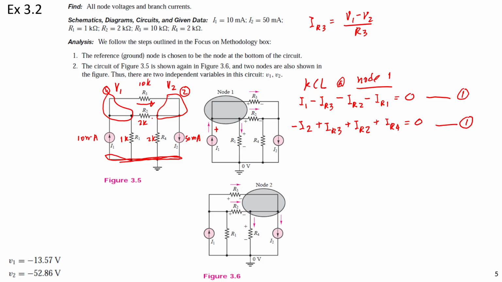Similarly, IR2 is V1 minus V2 divided by R2. And what is IR1? IR1 is V1 minus 0 divided by R1. Okay?